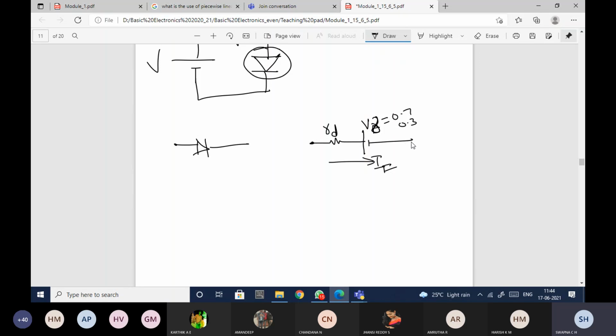Along with this, you can even mention the ideal diode, which will just be replaced with a short, as you know very well. You can either write ideal diode or only this much, it's fine. The ideal diode is written only to show the current direction, which I have already represented here.